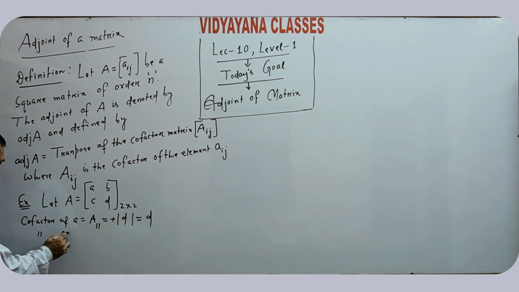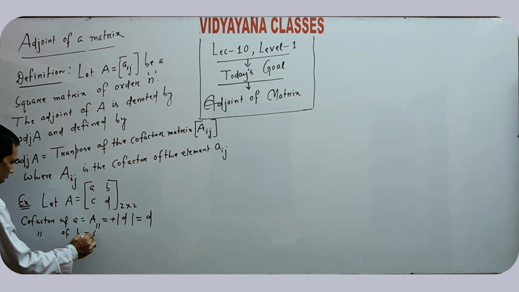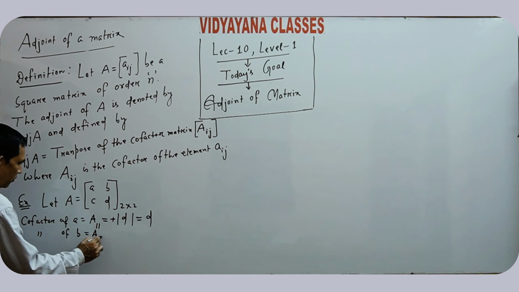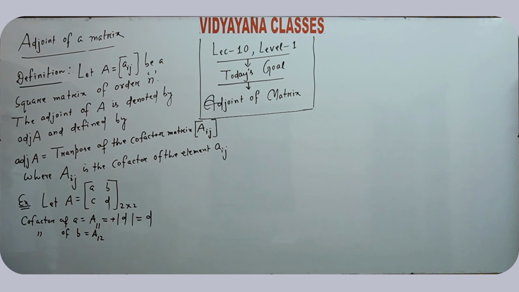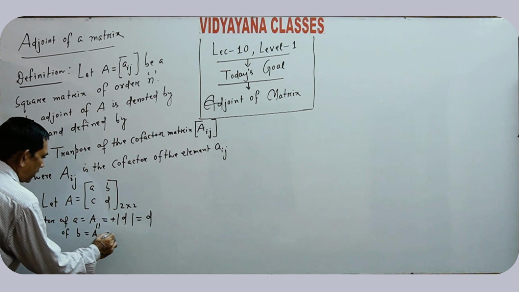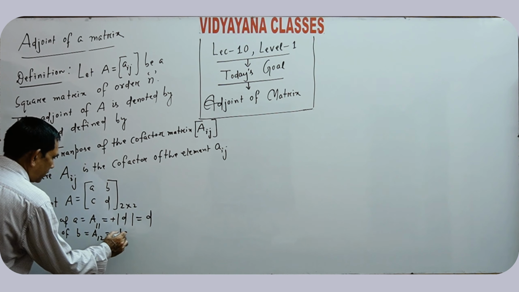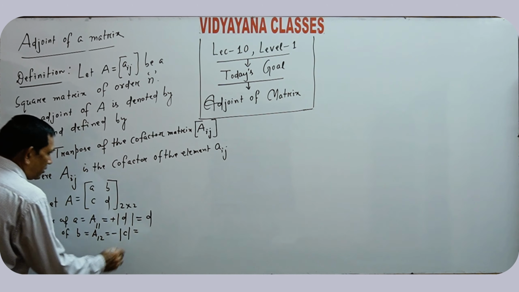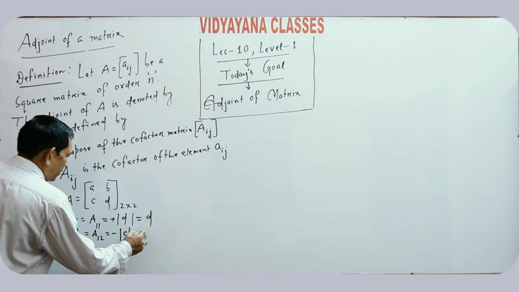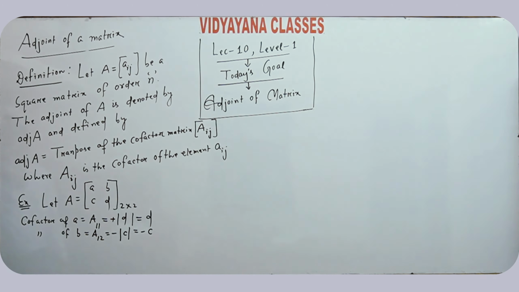Cofactor of the element b, which is denoted by A12. Element of first row and second column, its sign is minus. Determinant deleting the first row and the second column gives determinant of c. Determinant of a single element is itself, so it is minus c.